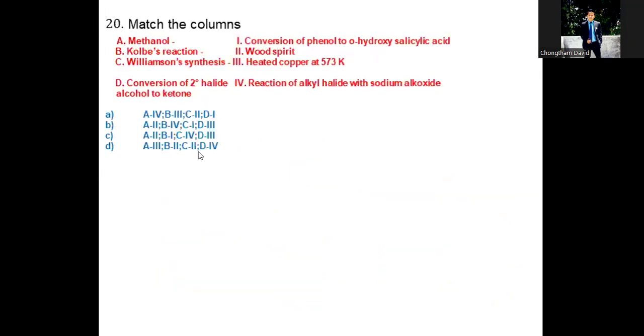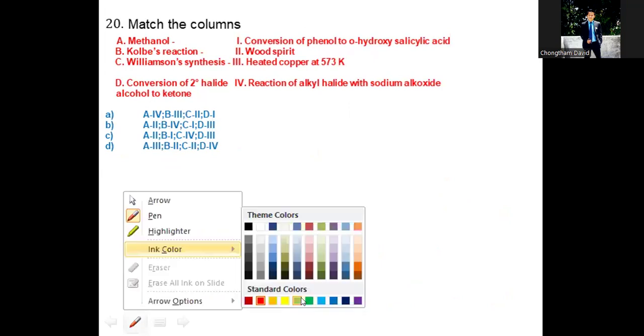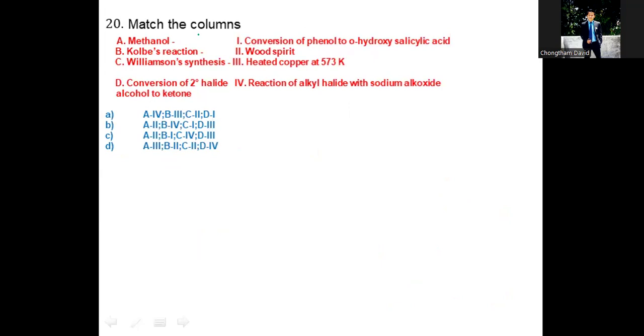Next, question number 20. Match the column. There are two columns. Column 1, let us try to match correctly. I will change this color to green. Methanol, A will be wood spirit. Kolbe's reaction involves conversion of phenol to hydroxysalicylic acid.